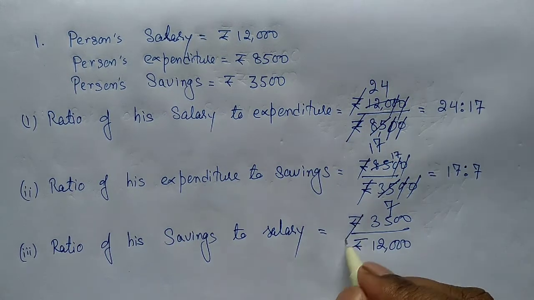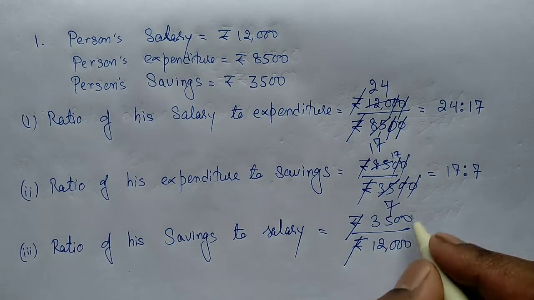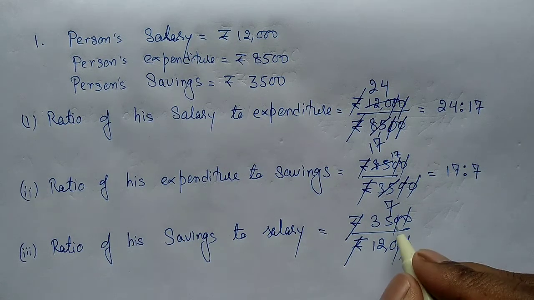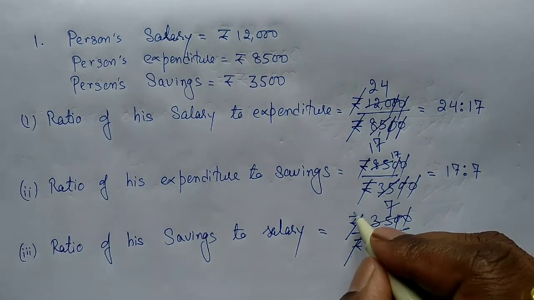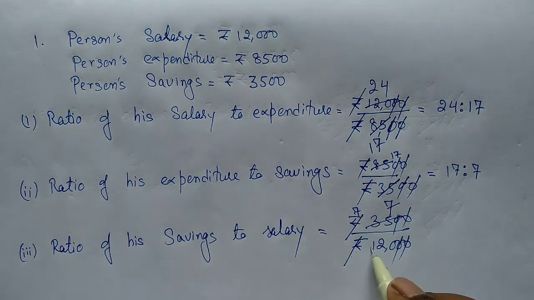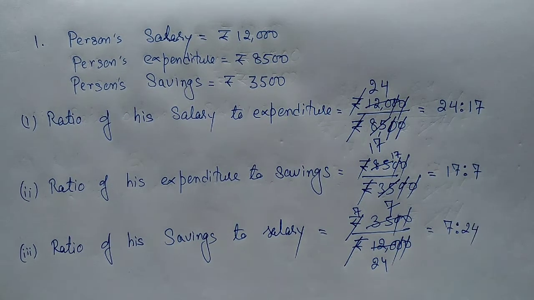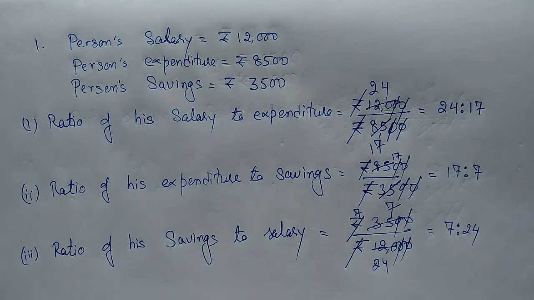Rupees and rupees get cancelled. Again I can cancel 2 zeros from the top and from the bottom, that is from the numerator and the denominator. Again we can cancel this 35 by 5, 7 times, and we can cancel this 120 by 5, 24 times. Hence the answer will be 7:24.